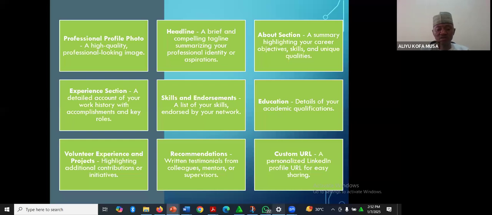Skills and endorsement. This section gives you a way to list your skills and your endorsements by your network. Yes, you need people that know you to endorse you. If somebody sees an endorsement from Dangote, yes, it carries a lot of weight. You need to seek endorsement from your network.